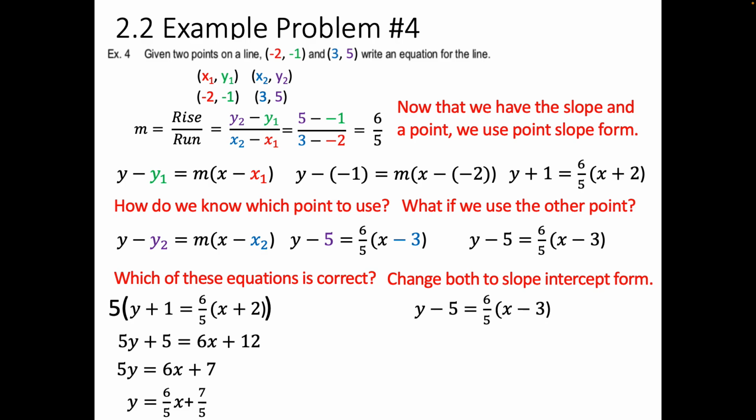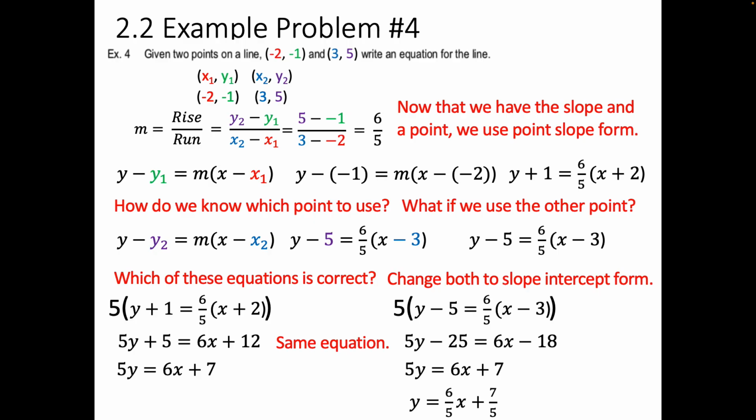And if I take that second equation and do the same thing, multiply by 5, I'm going to add 25 to both sides. I'm going to divide by 5 on both sides. I get the exact same thing. When I put them into the slope-intercept form, it's y equals 6/5 x plus 7/5.